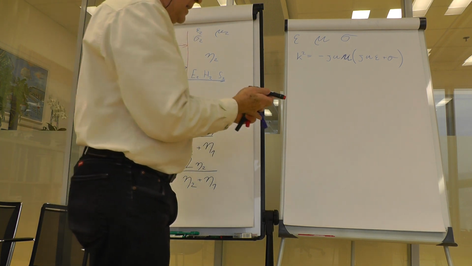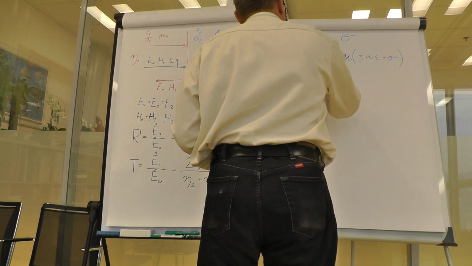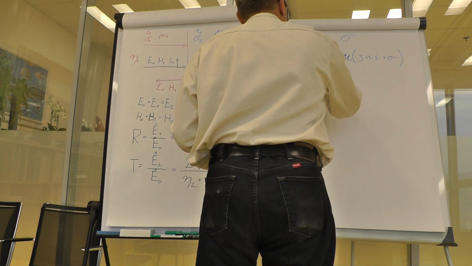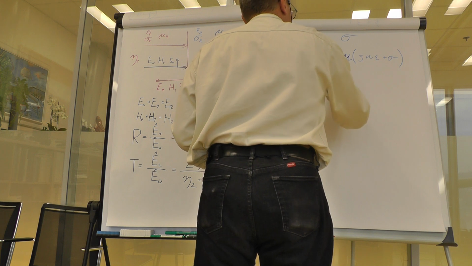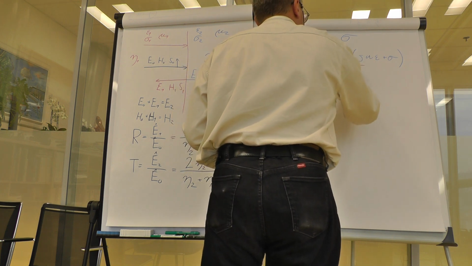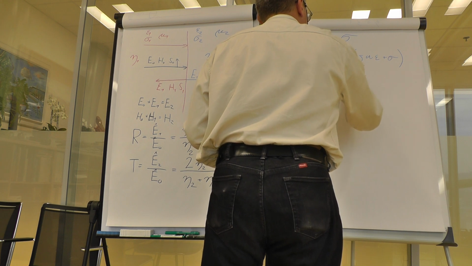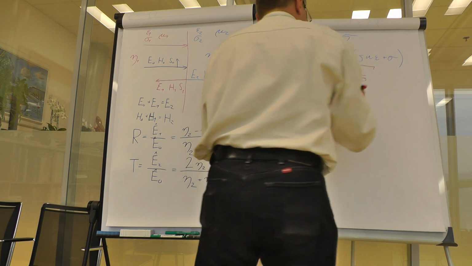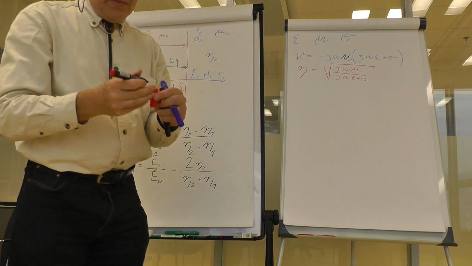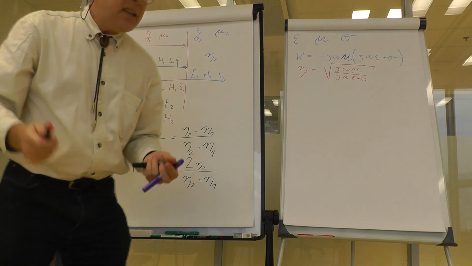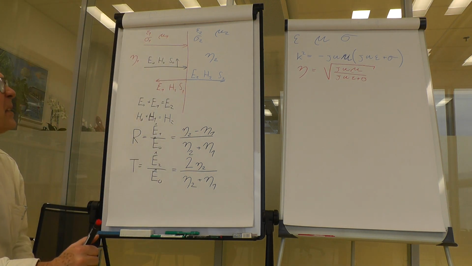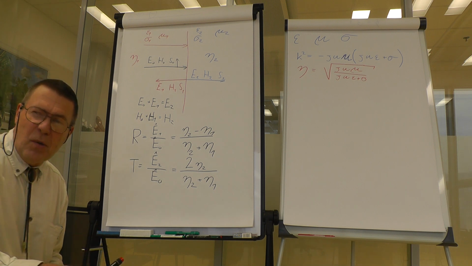Now there is a second equation which says that the impedance is given by a square root of j omega mu divided by j omega epsilon plus sigma. And now this more or less describes the matter from the point of propagation and reflection of an electromagnetic wave.